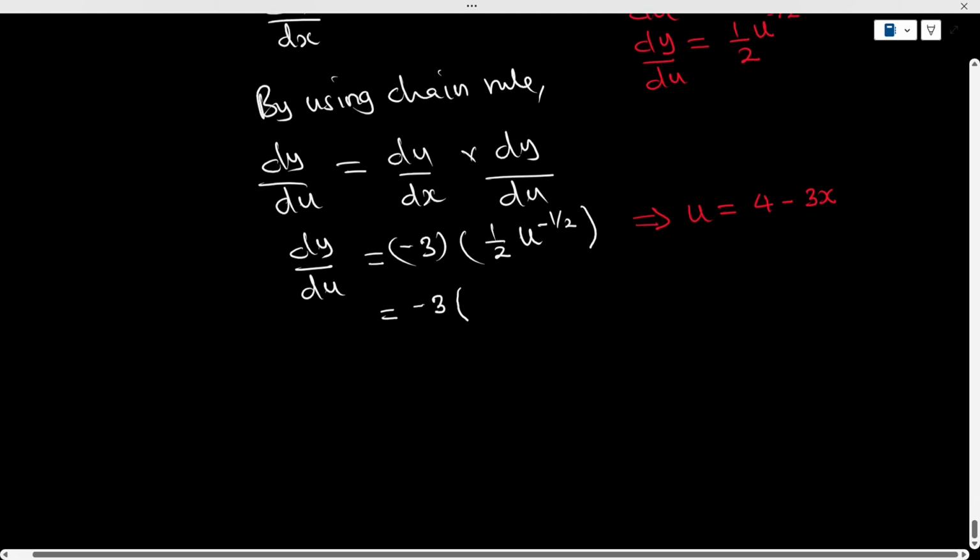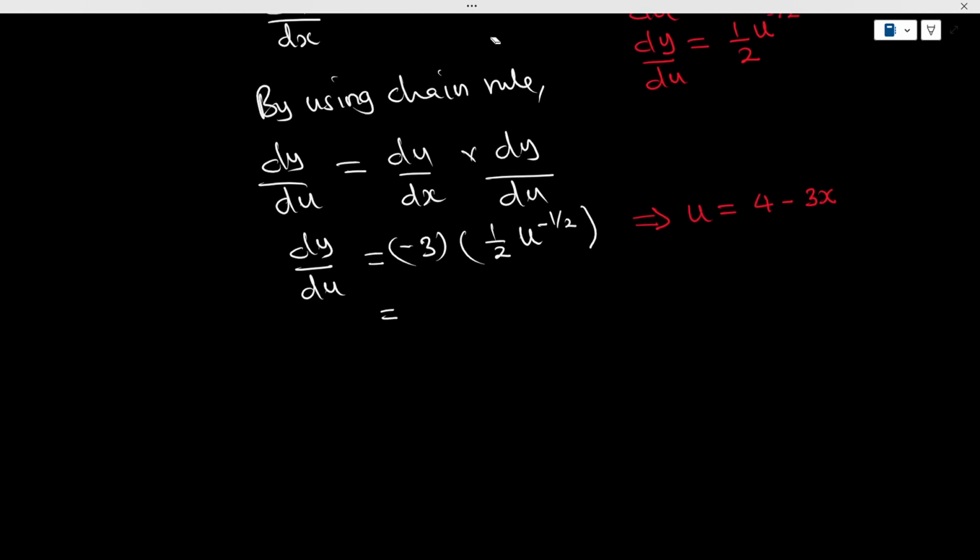So we're putting it back. But before I do that, I want to multiply these two. Negative 3 times 1/2 is negative 3 over 2. And then u is replaced with 4 minus 3x to the power negative 1/2. That should be the right answer.